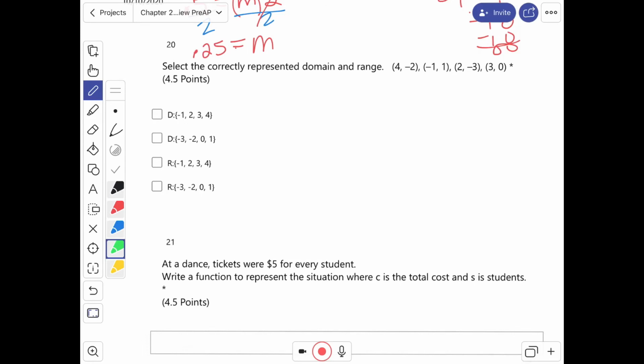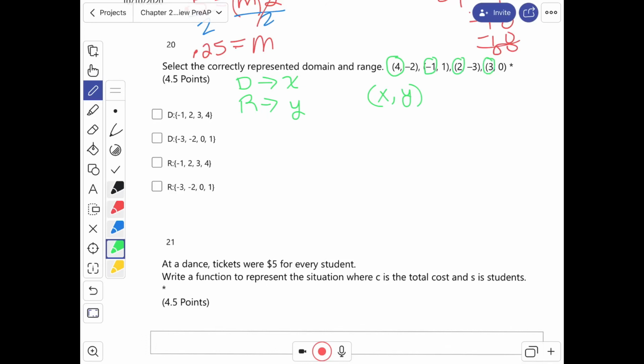Select the correctly represented domain and range. Remember, domain, Wonder Woman, she holds her arms like an X. Domain is the X coordinates, and range is the Y coordinates. And when we write them in ordered pairs, X always goes first and Y goes second. So my X's are the first number.